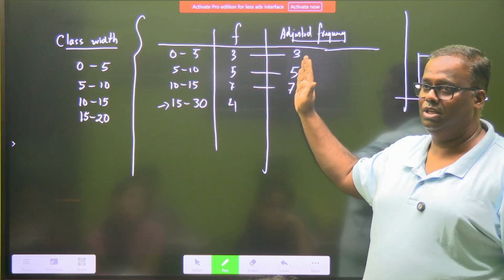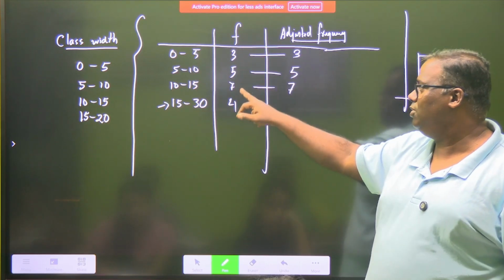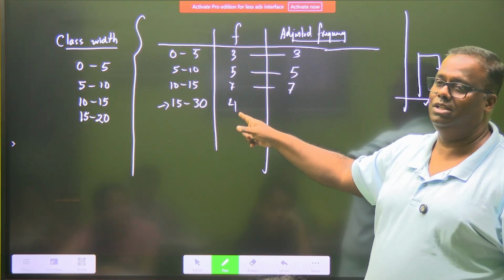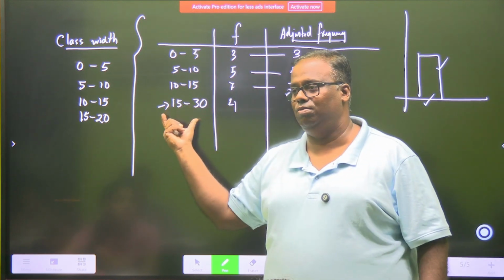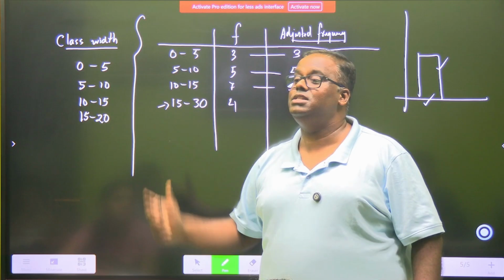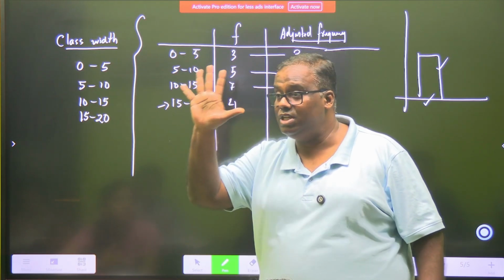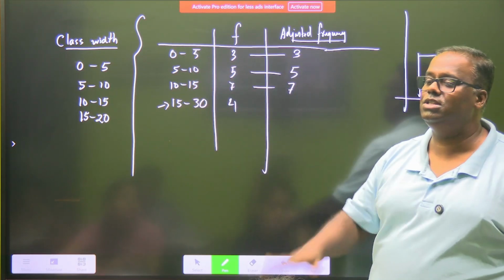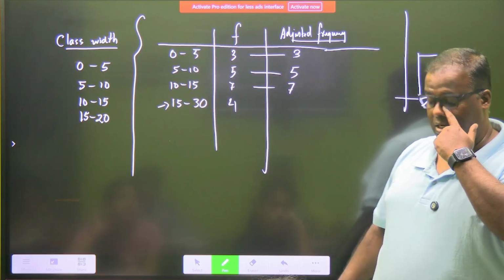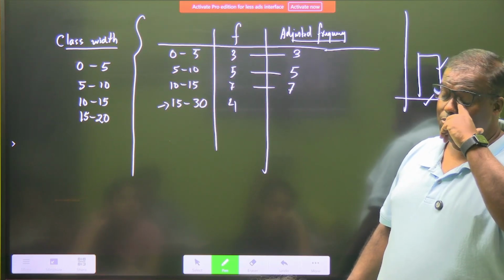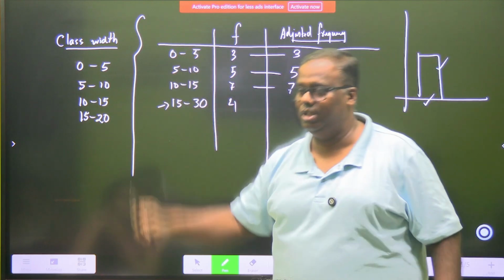Adjusted frequency. Here the frequency need not be adjusted, but this is a culprit. This frequency is reported for a bloated class interval. And this class interval is how much? 15. Whereas others are how much? 5 5. So either you convert everyone to 15. That is also correct. But in that you will be an idiot because you will do the labor for 3 classes.